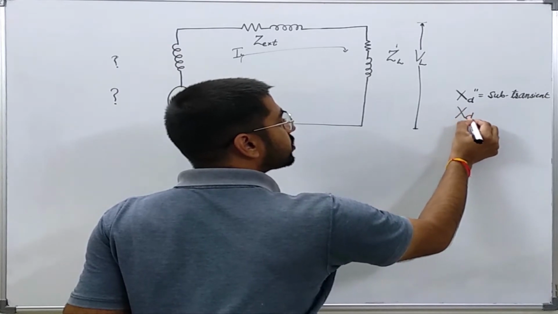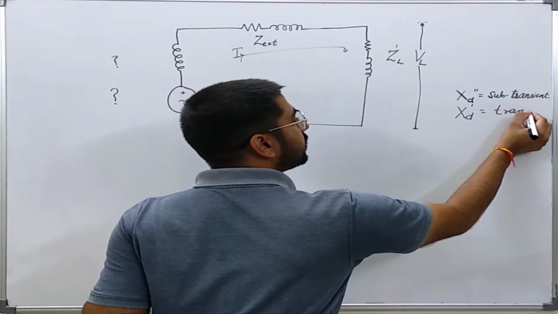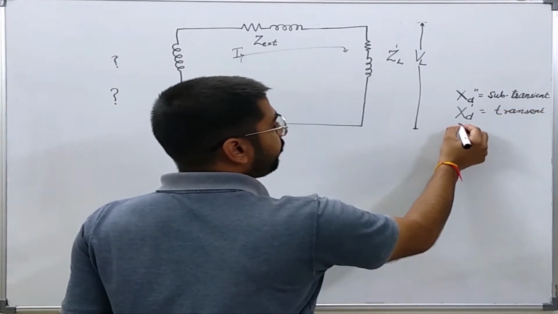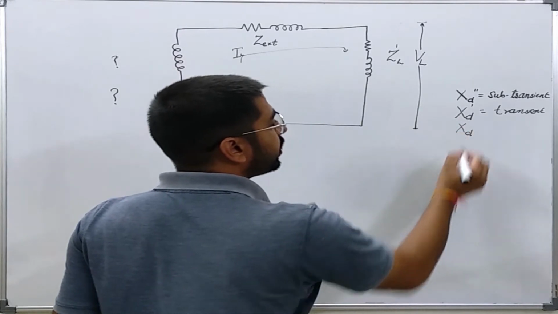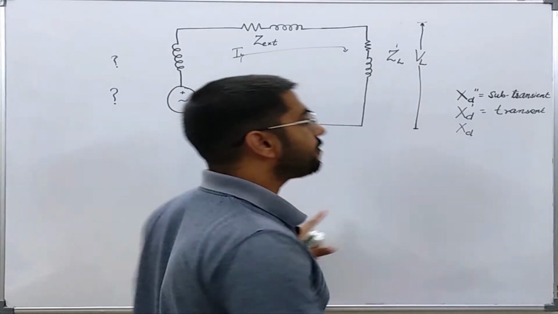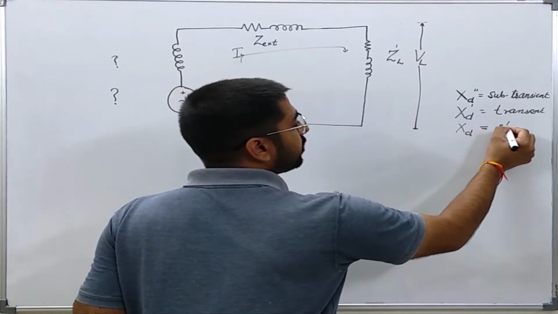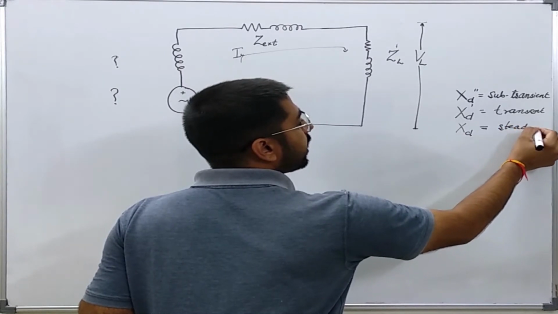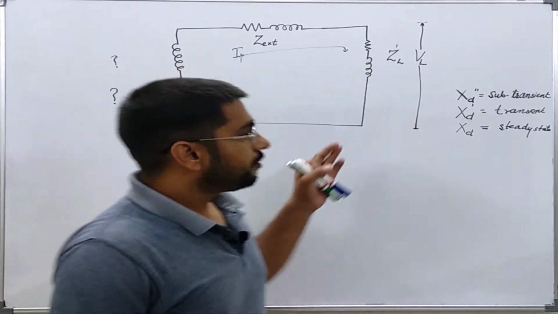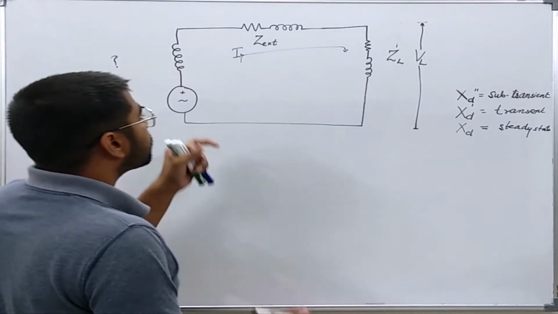After a few cycles of the fault, it is the transient reactance. And finally, if we are just dealing with the current which has a 90-degree phase difference with the generated voltage, then the direct axis reactance is used, the steady state direct axis reactance.